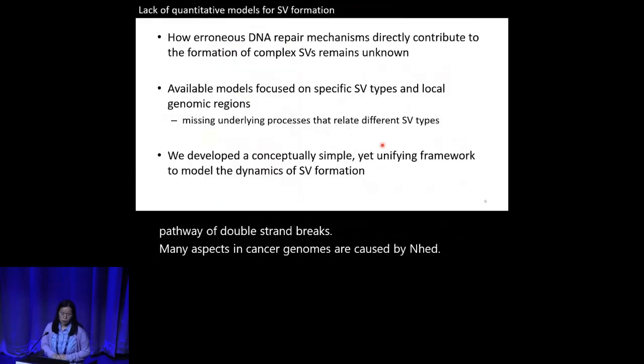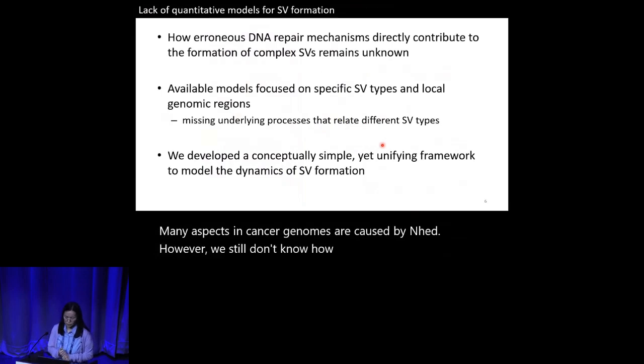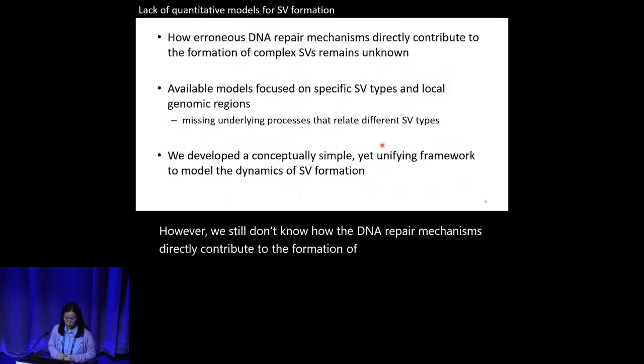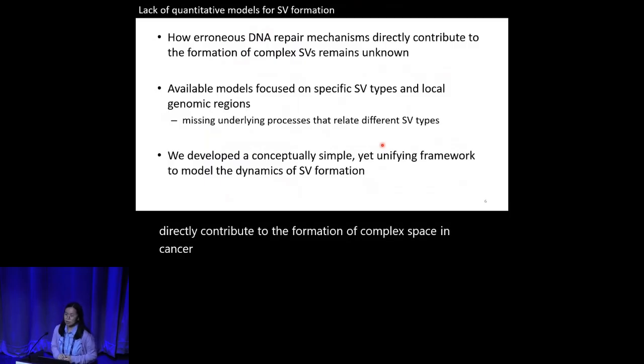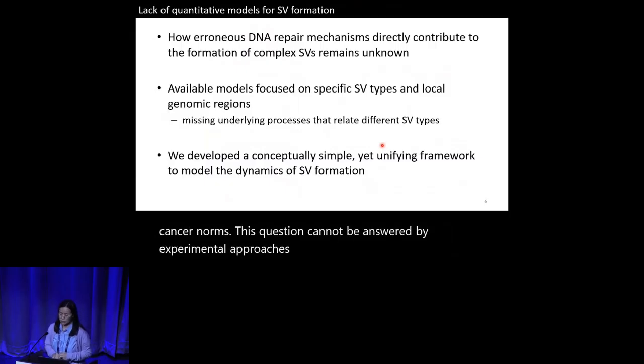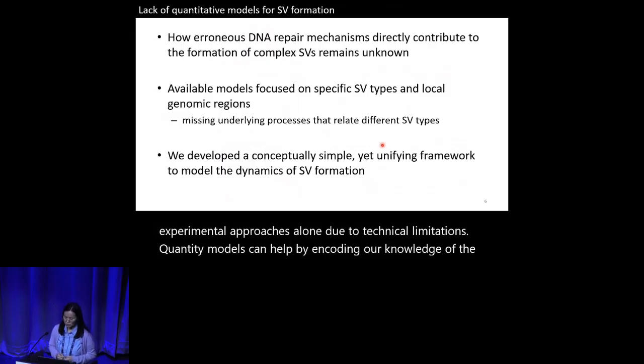However, we still don't know how the DNA repair mechanisms directly contribute to the formation of complex SVs in cancer genomes. This question cannot be answered by experimental approaches alone due to technical limitations. Quantitative models can help by encoding our knowledge of the underlying biological processes.